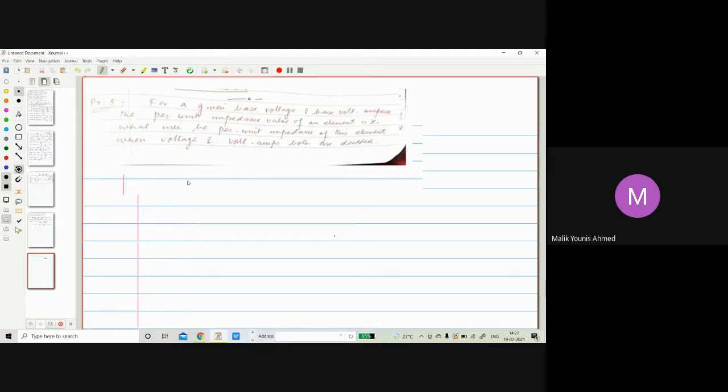So it is given that ZPU earlier value is X. Now both of them are doubled.